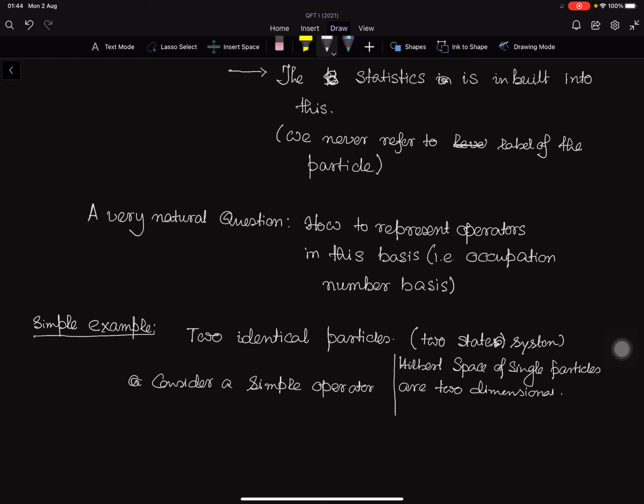Now consider a very simple operator, a one particle operator, which is of this form.